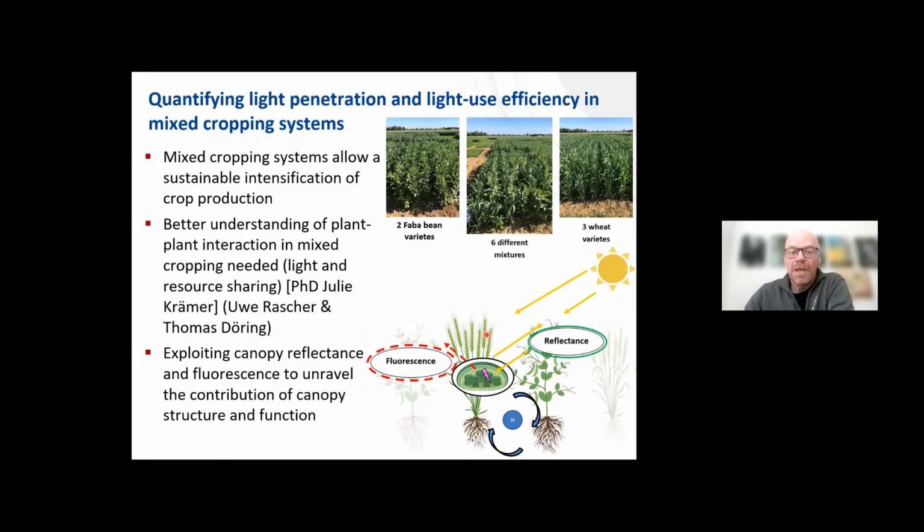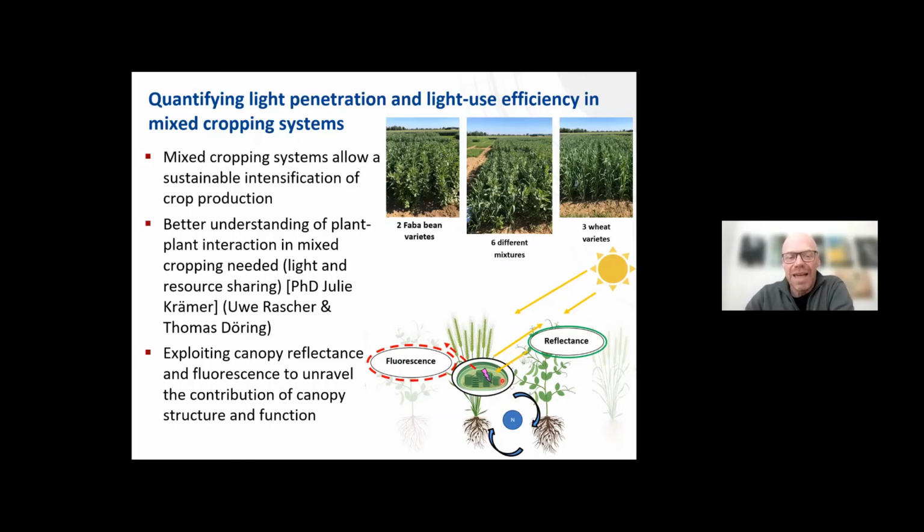And Julie looks at the above ground part, and she uses two measurement modes, namely reflectance measurements and fluorescence measurements, to unravel the two underlying reasons. So she wants to know what is structurally related, because light is used more efficiently and absorbed more efficiently in a diverse canopy, and what is related to the upregulation of photosynthetic efficiency on the leaf level.